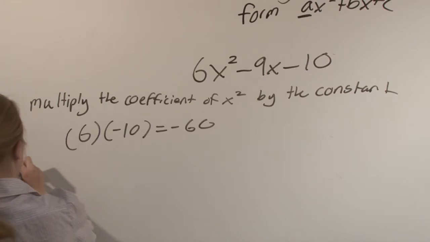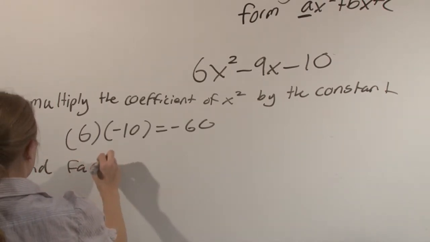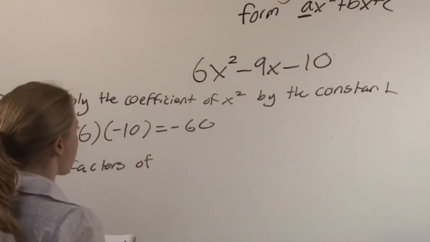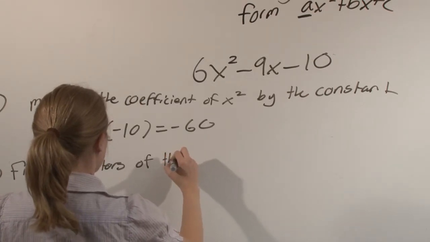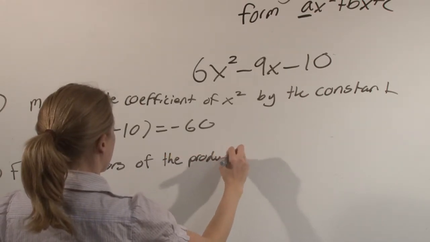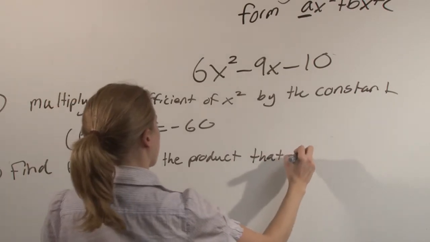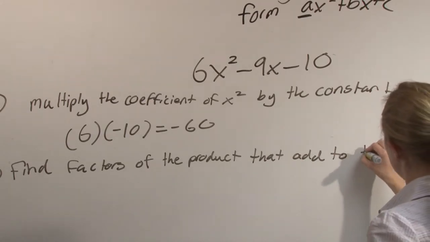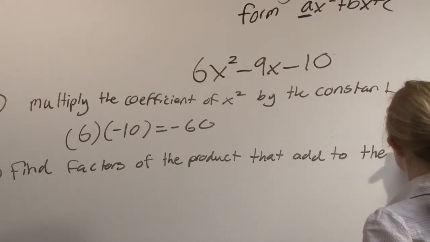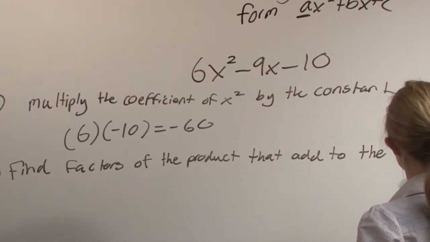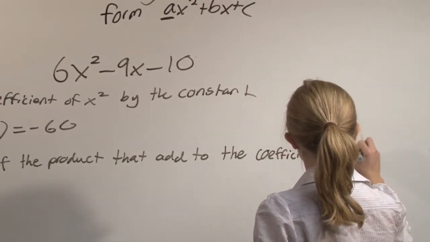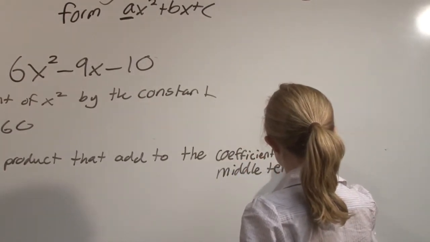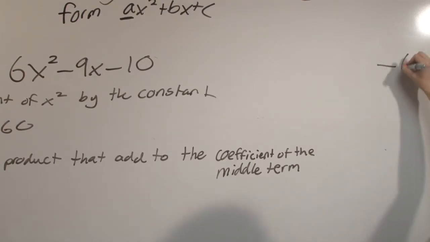Then I'm going to find factors of the product that add to the coefficient of the middle term. So factors of negative 60.